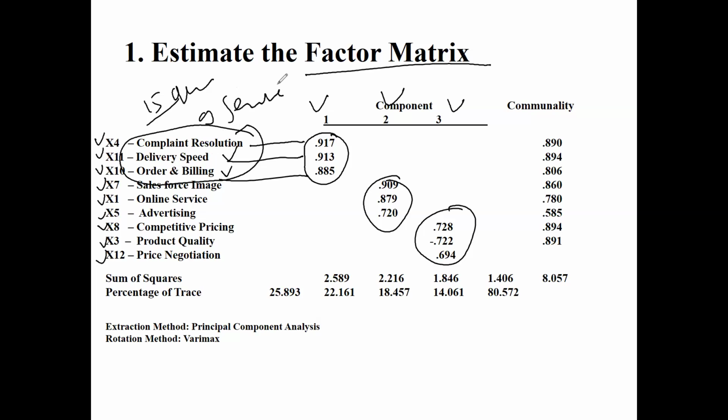The common name should be service, because all three items are related to service. So we can give the common name. The purpose of factor analysis is data reduction and summarizing questions of the same nature. Through this estimated factor matrix we can create the factors. Then comes the factor rotation.